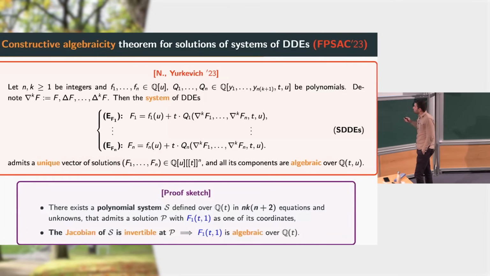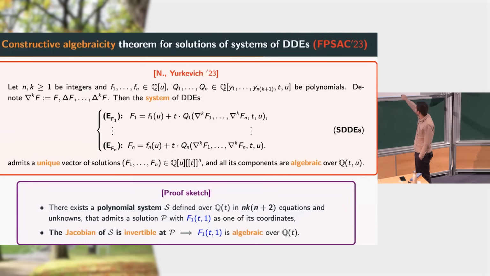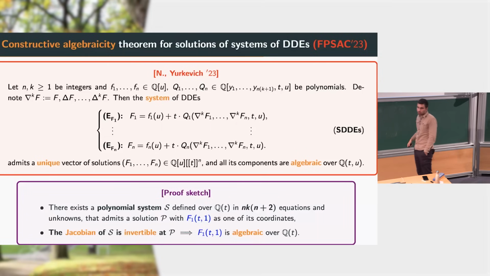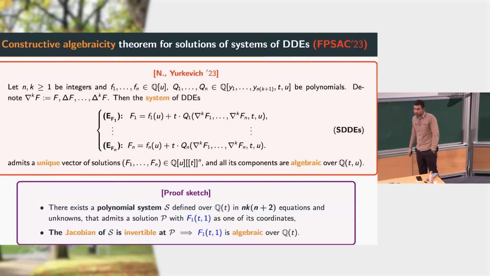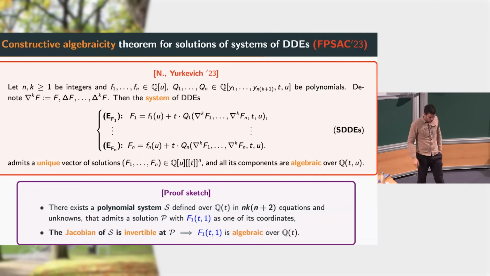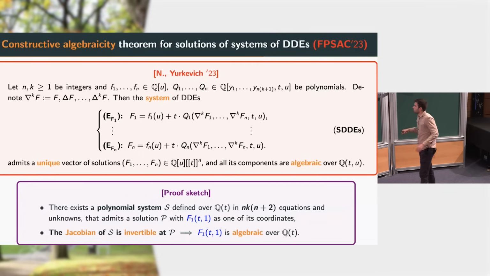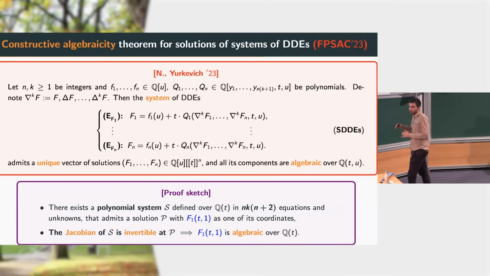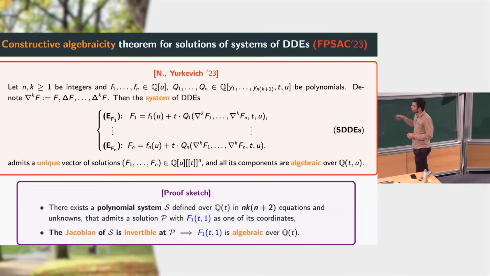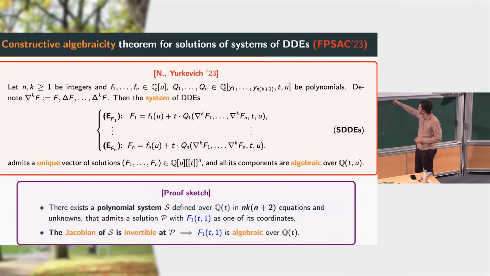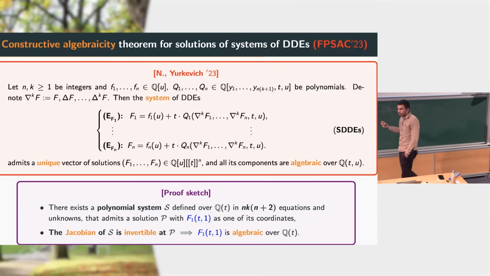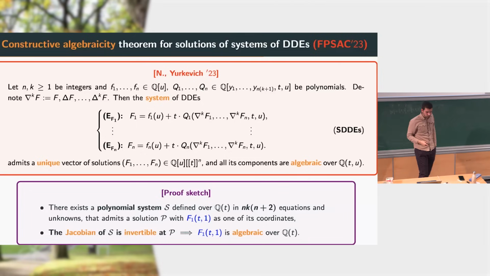But now we could make explicit a given number of equations and unknowns that have this specific series as one of its coordinates. And also we could prove that for these equations, the Jacobian is invertible at the given point. And so by using the Jacobian criterion, you can deduce the algebraicity of the series of interest, and in fact of all the series.